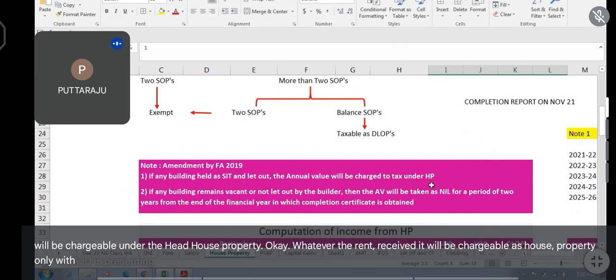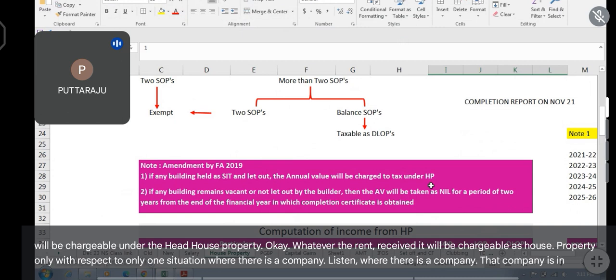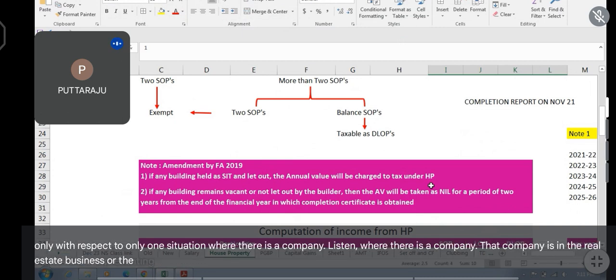Only with respect to one situation, where there is a company, listen, where there is a company and that company is in the real estate business or the development of properties business.